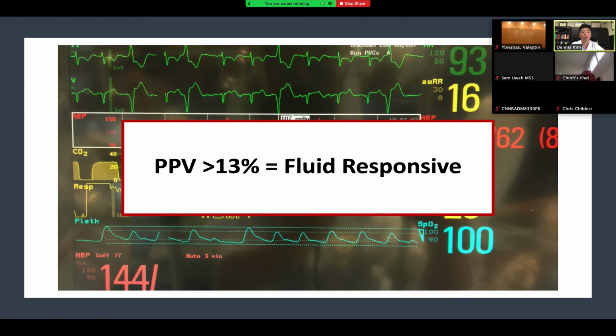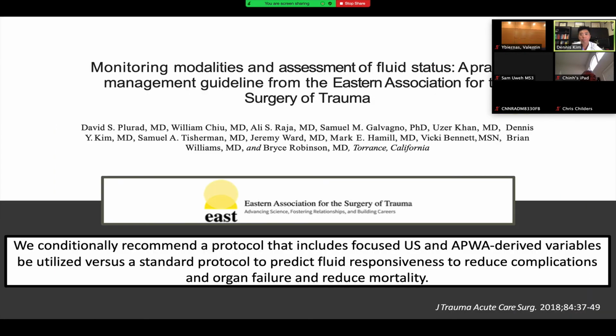And so I think we're really moving away from giving fluid boluses in the form of 500 or 1,000 cc's, and moving more towards things like passive leg raising, or a fluid challenge, which is a much smaller aliquot of fluids, to see if there's a response using objective criteria like echocardiography.